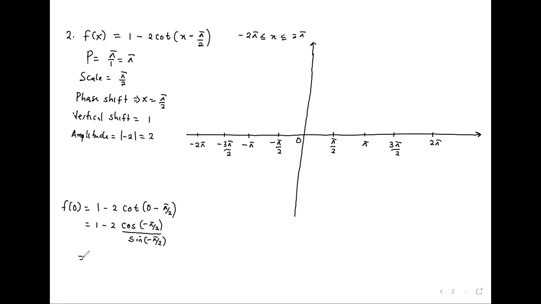So here we get 1 minus 0. So we have 1, because cos 90 is 0. Whatever sine 90 is in the denominator, we know we're just talking about 0. So we get 1, and we'll be at 1. That's where the intercept is indicated.